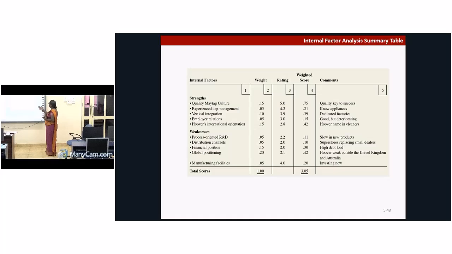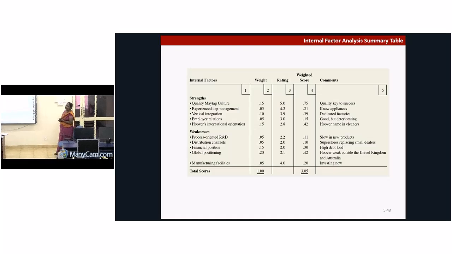For example, one of their strengths is Maytag's culture. Maytag is the name of the company, so culture is a strength for that particular company. Experience of top management is a competency and also a strength. Vertical integration is how they have developed their value chain.